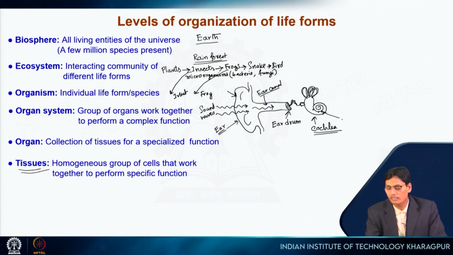Those cells are called hair cells. Hair cells are present in the cochlea, and because the liquid inside the cochlea is making some kind of wave, these hair cells will also get some kind of motion, and because of this motion they will convert this mechanical energy into electrical energy. Some receptors are present in these hair cells. I am not going into that much detail, and some nerve ending is also present.